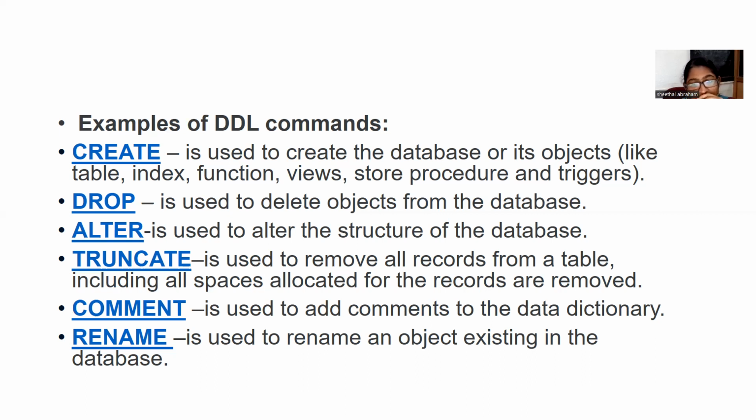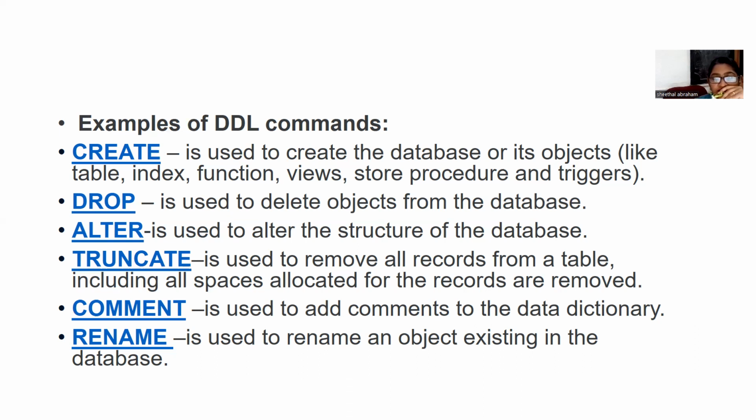Truncate is used to remove the records from the table, but the table's columns will be retained. Then we have comment, which is used to add comments to the data dictionary, so that is also a data definition language command. Then we have rename, which is used to rename an object existing in the database. Renaming an object means, for example, renaming the table.